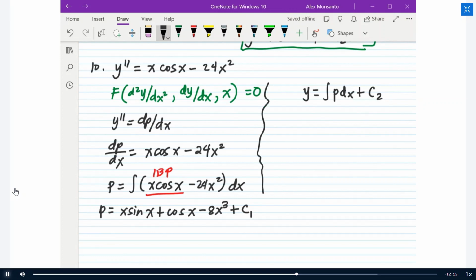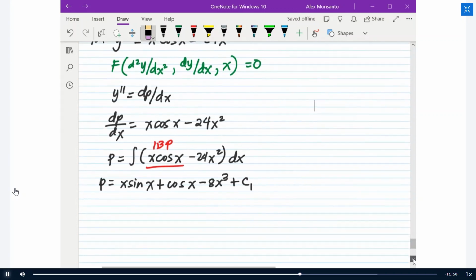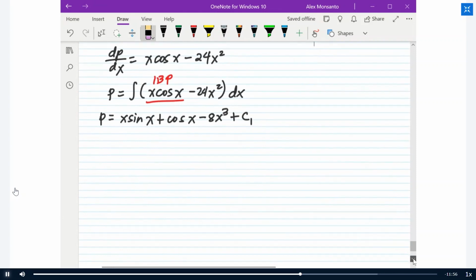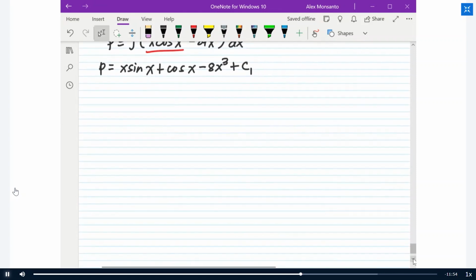Okay, kunin na natin yung magiging y by integrating that x sine x. Ganun lang po yung gagawin natin para makuha yung y. Although wala siyang dy over dx, it's okay kasi importante naman dito meron kang second derivative at saka yung x.